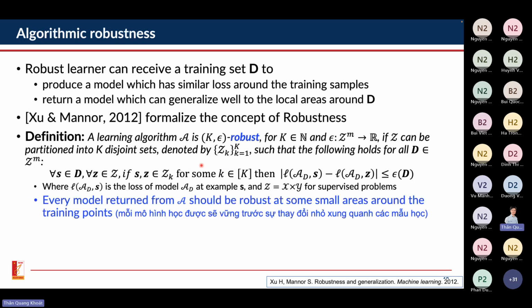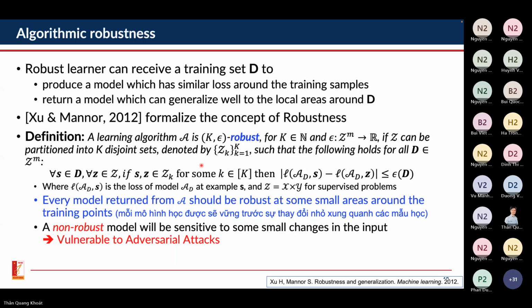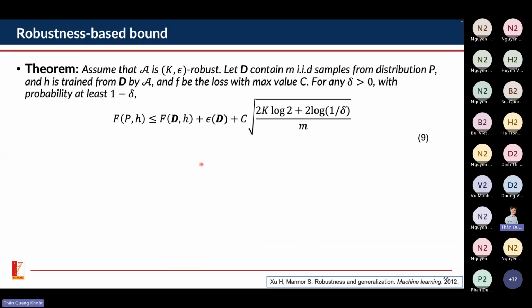And here is the result. For example, let's use epsilon D to represent the robustness of a learning algorithm. Then we can connect that to the generalization error of a trained model by this result.